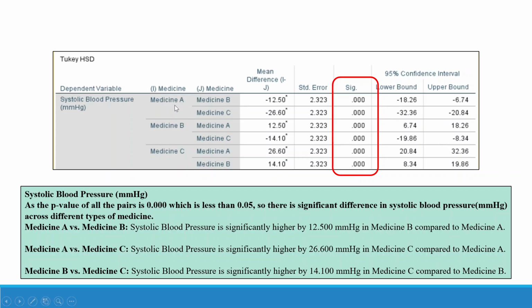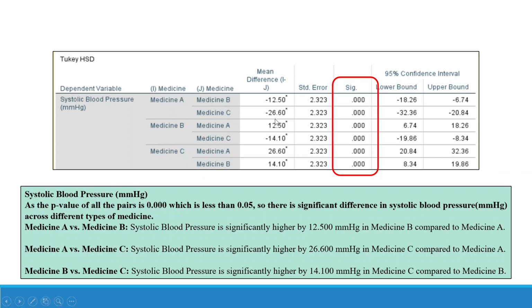The mean systolic blood pressure of those patients using medicine A minus the mean systolic blood pressure of those patients using medicine B: the difference is minus 12.5 and the p-value is less than 0.05. This means that there is a significant difference.